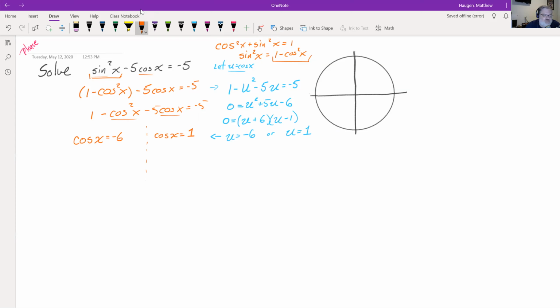And then we just finish off the problem by solving those. Now you could have done the factoring, the part in blue, with the cosine x's instead of the u's. Would have worked perfectly fine.